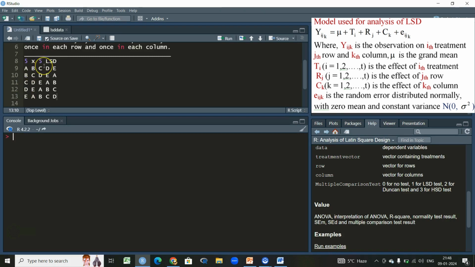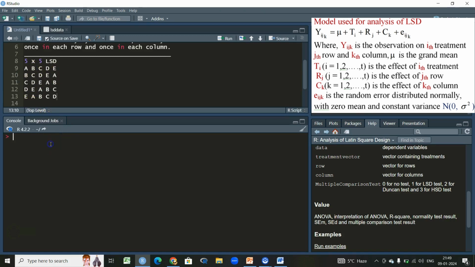If I take treatment A, it occurs once in this column and once in this row. This is the important feature of the design. The treatments must be arranged so that each and every treatment occurs once in each row and once in each column. If I take C, it occurs only once in this row and once in this column.